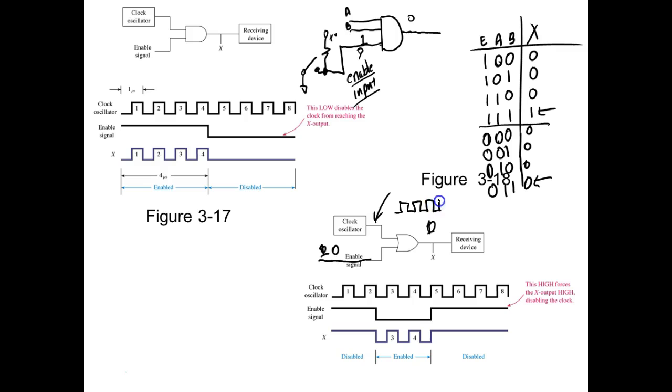So the clock is real easy to see. What I'm doing is I'm either letting the clock pass through or I'm blocking the clock, right? You understand? So an OR gate uses a low enable, an AND gate uses a high enable. An OR gate, when you have it disabled, the output will always be a 1, right? An AND gate, if you have it disabled, the output will always be a 0.